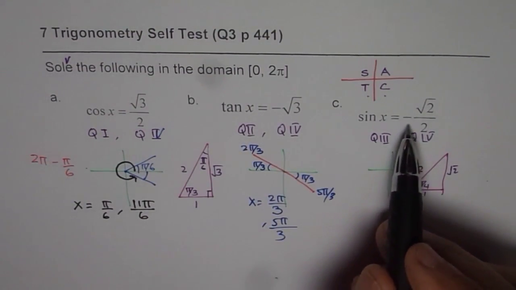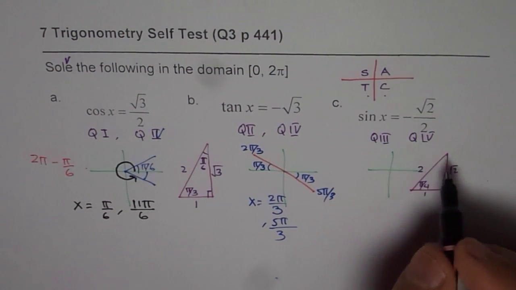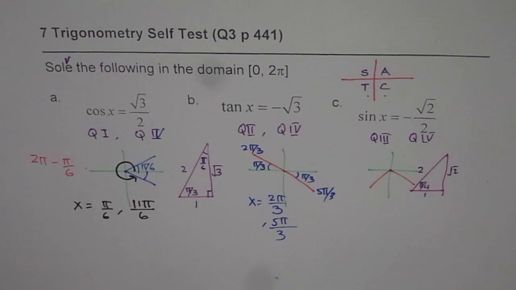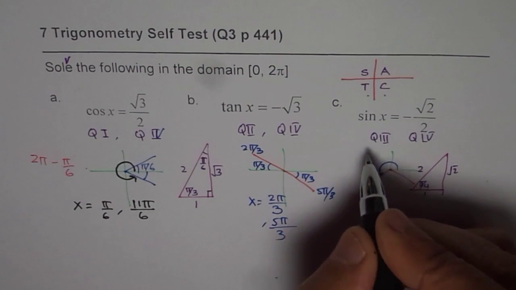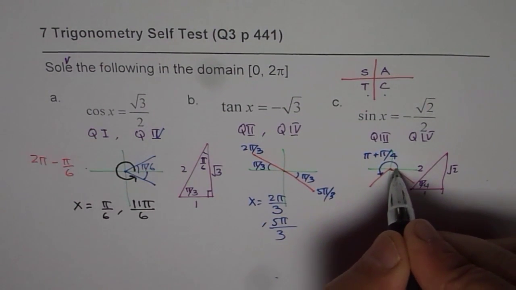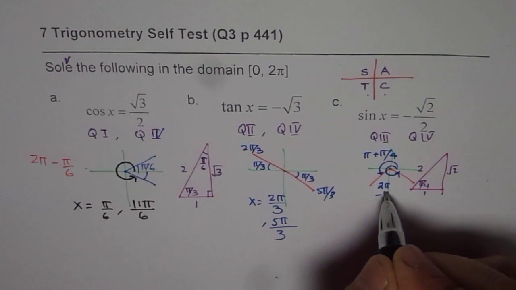Now for sin x equals minus, minus means sin x could be in quadrant 3 or 4. So we can sketch pi by 4 in these quadrants, correct? So here the solutions are this angle, which is pi plus pi by 4, and then this angle, which will be 2 pi minus pi by 4.